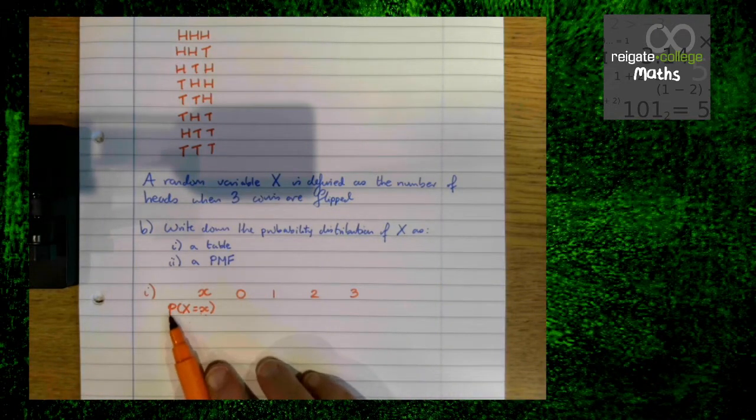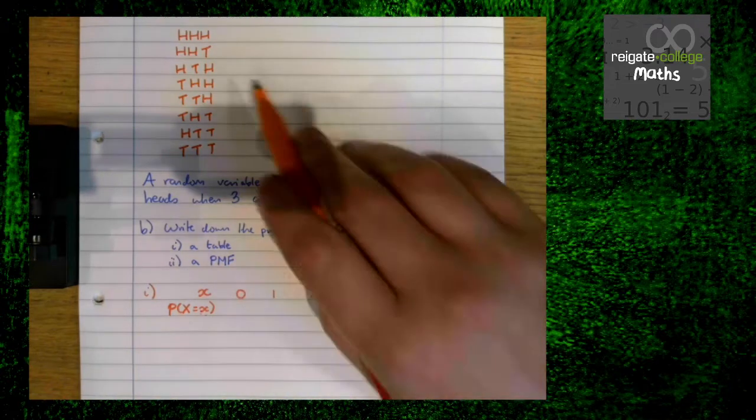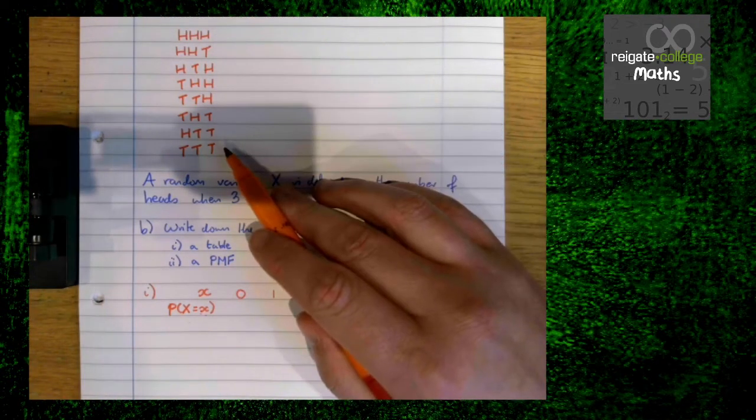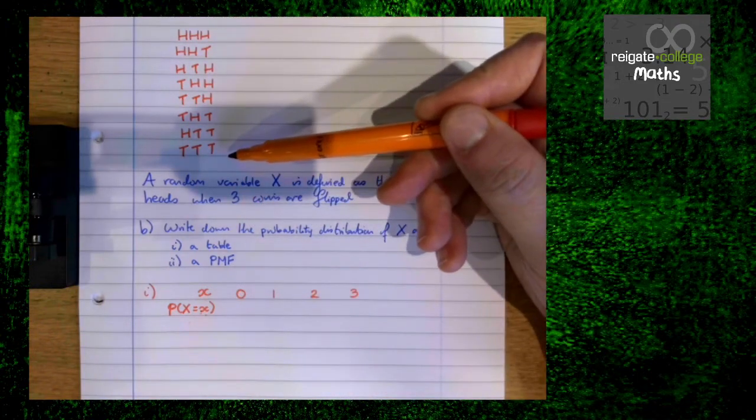What this says is the probability of a certain number of heads happening. That's what this is saying. So for our first column here, we're going to write down the probability that we get no heads. Out of all of our possible outcomes, there's only one that has no heads in it.